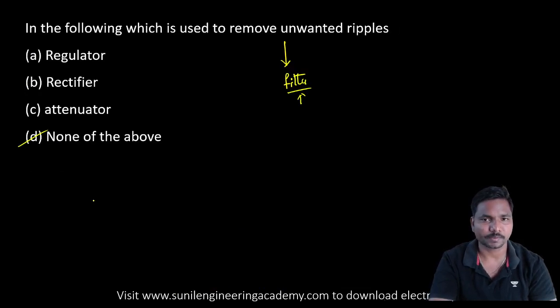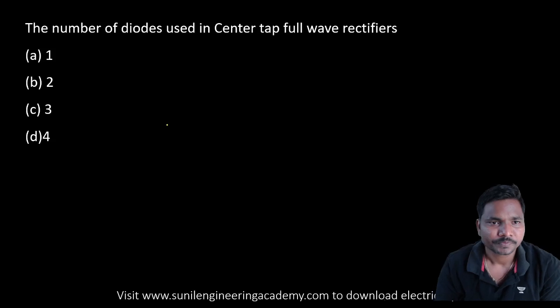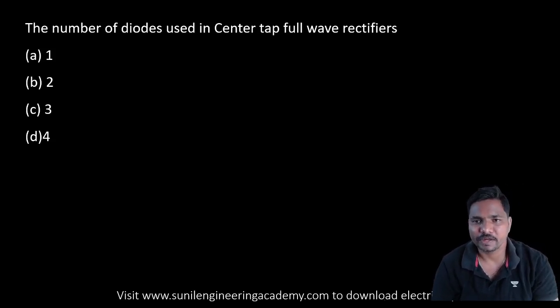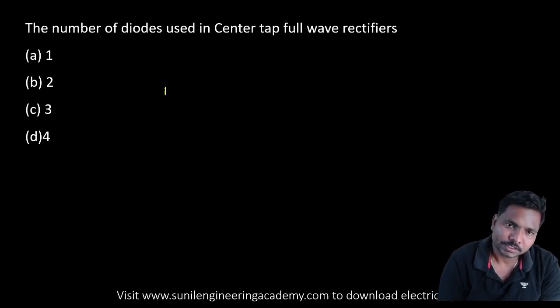Now coming to rectifier based questions. Here, the number of diodes used in a center tap full wave rectifier. Coming to the number of diodes, this is a very important and very easy question.